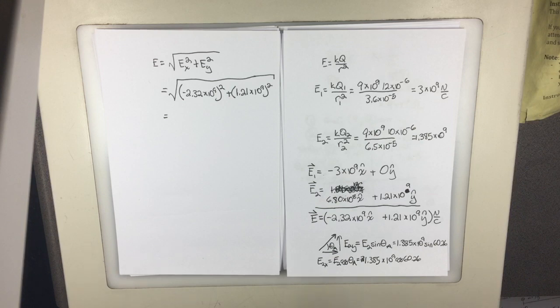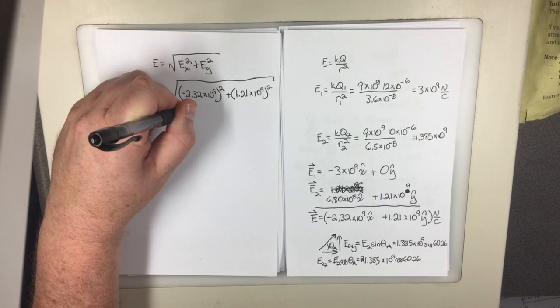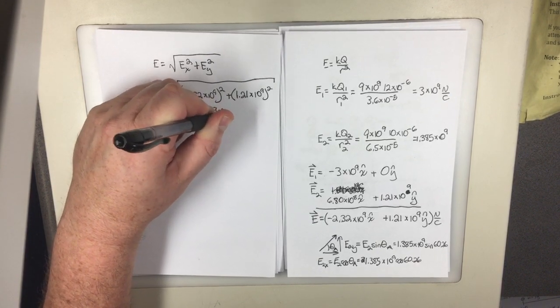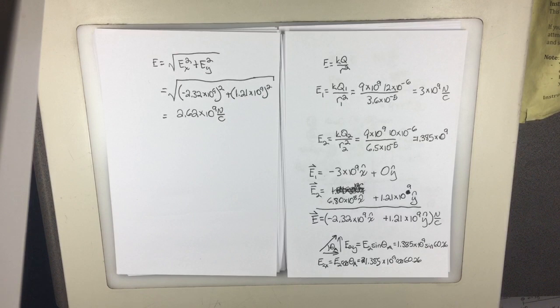And my answer is 2.62 times 10 to the 9th newtons per coulomb.